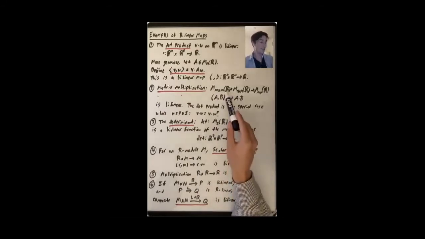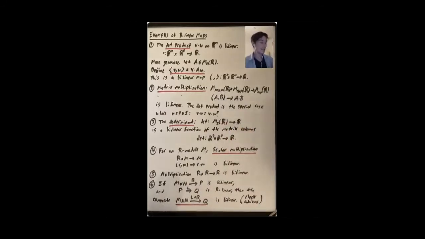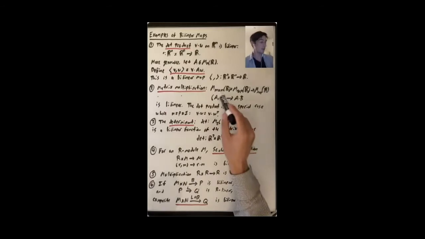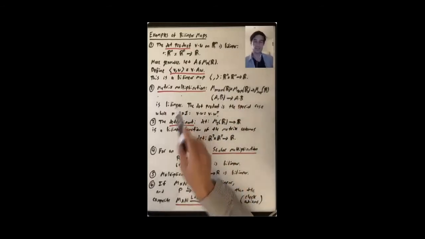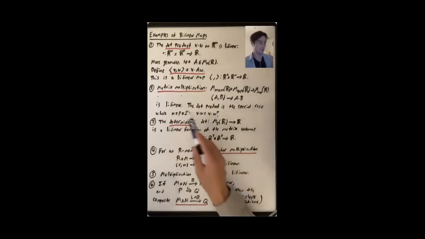First, also, the space of m by n matrices with entries in R, that is an R module, because we know what it means to take a matrix and scale it by a real number. We have a scalar multiplication of the real numbers on this set of matrices. So you can check that this really is bilinear using what you know about matrix multiplication.